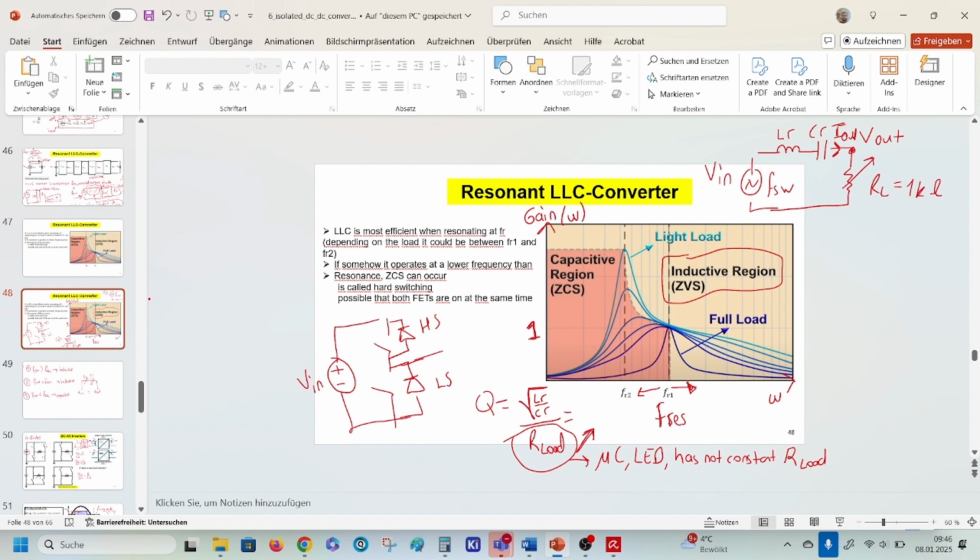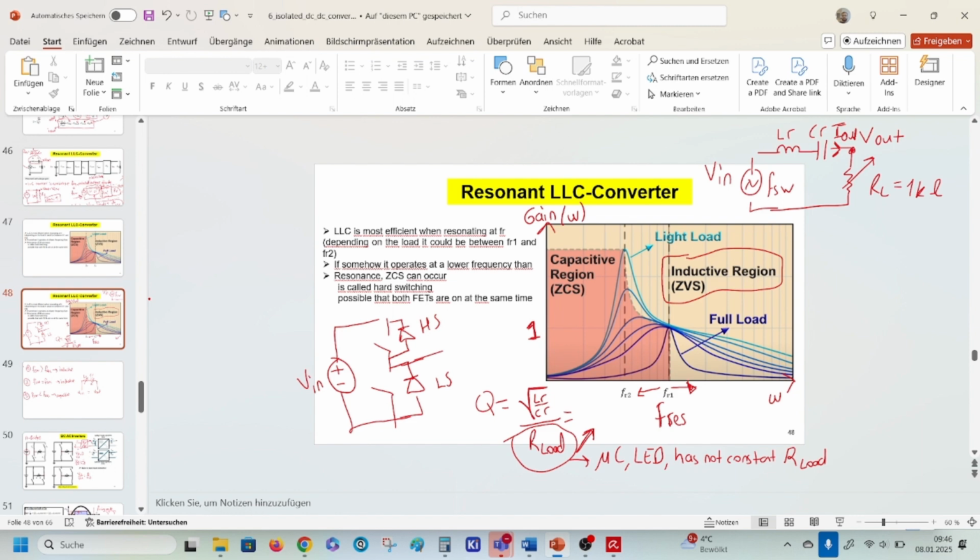But if I reduce my switching frequency below this value, I will see that my gain rises, and reaches the maximum here. The switching frequency depends on me. If I go below this value, I will see that now my gain goes down. I lose my gain.